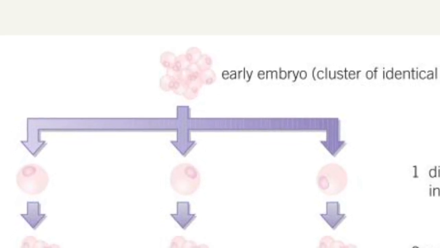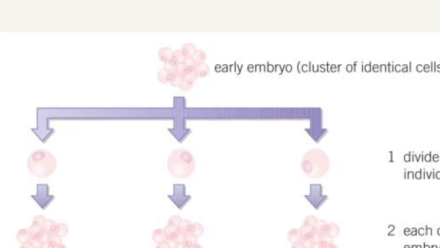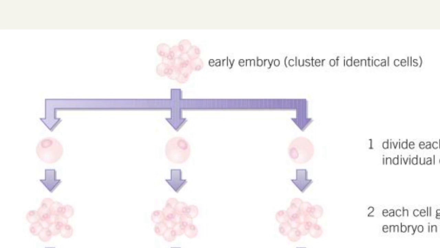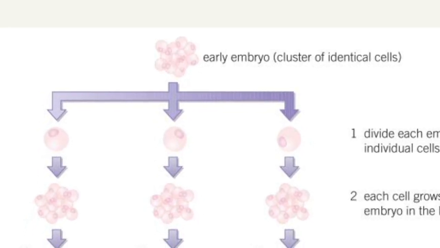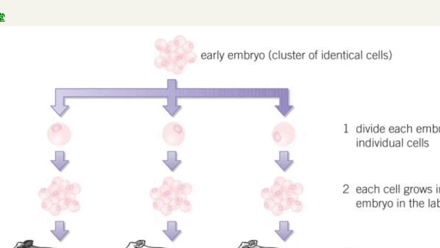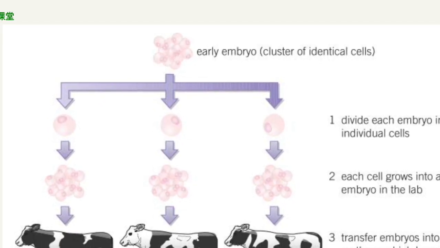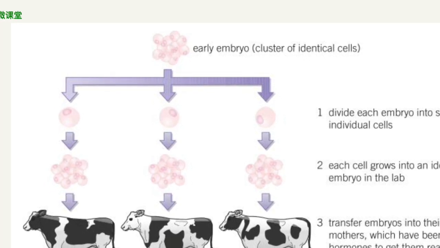So what we do is separate this ball of identical cells called an embryo into different small parts, and we're going to keep them in the laboratory, making sure they are secure and healthy, and then we're going to transfer them into different healthy mother animals.